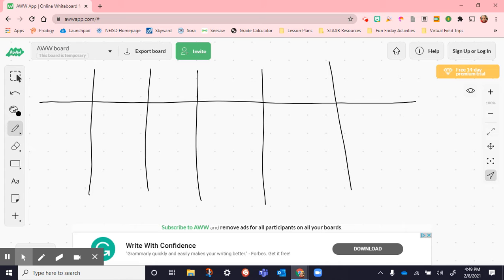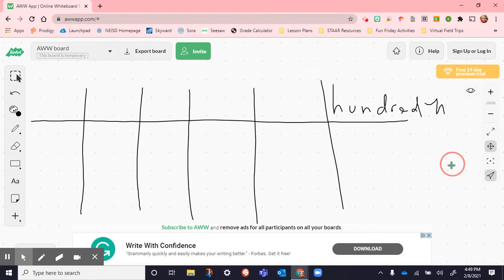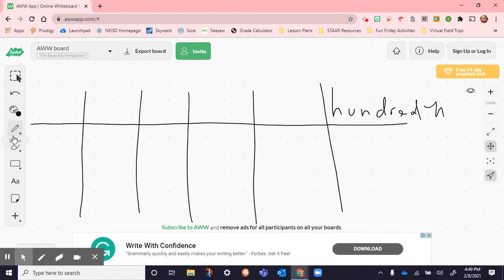So if I'm starting over here on the right, we learned all about decimals, and we learned that this far side here is called the hundredths. Ooh, hold on, let me move this down. I ran out of space. All right, hundredths. We get that THS on the end.